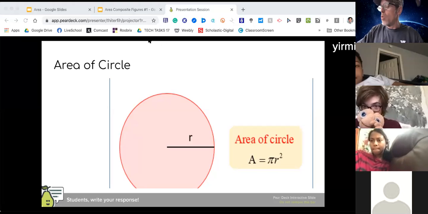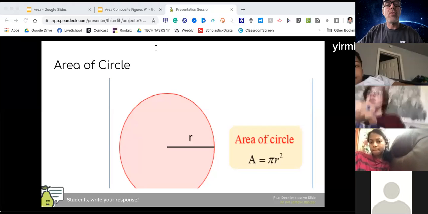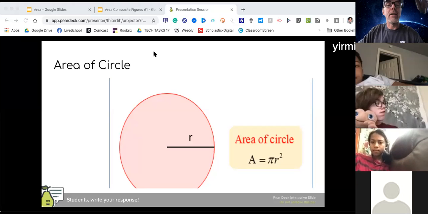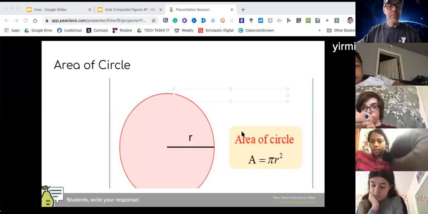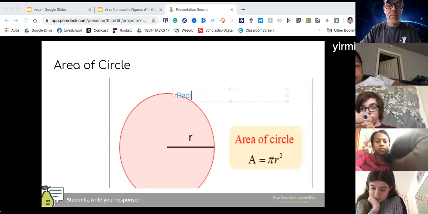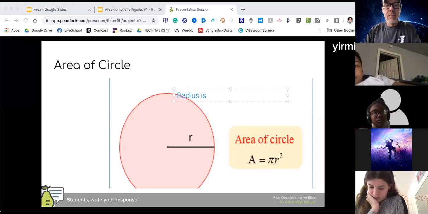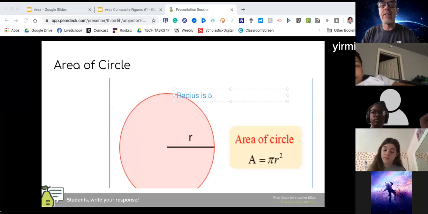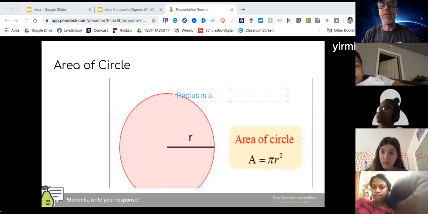Okay, so I'm going to give you this. Here's what I want you to respond. Hang, give me just a second. Will you tell me what is the area of that circle if the radius is 5?